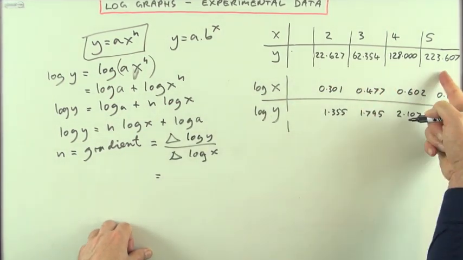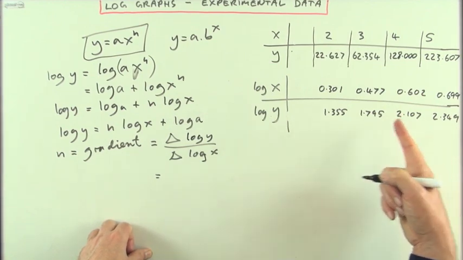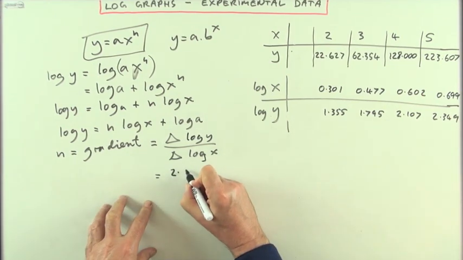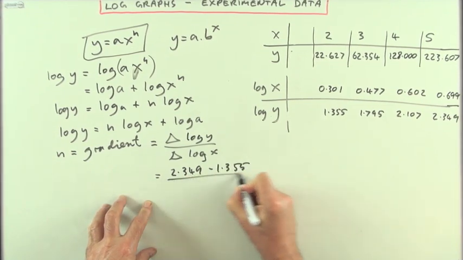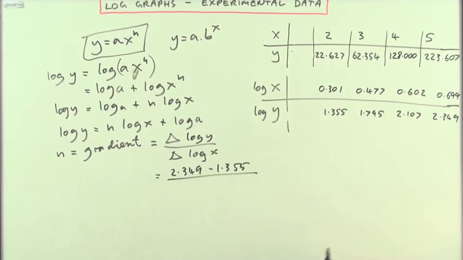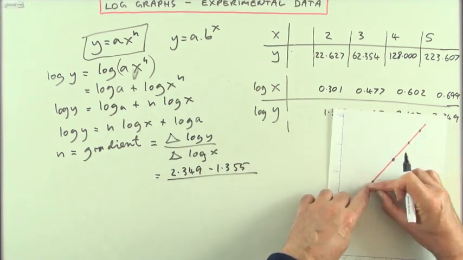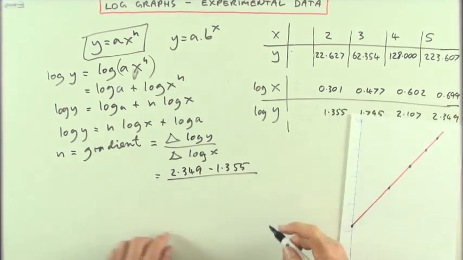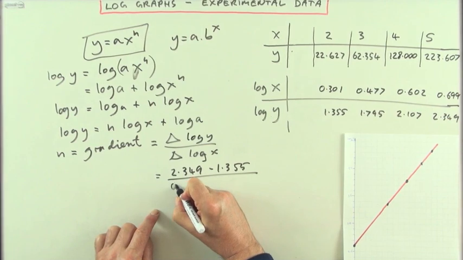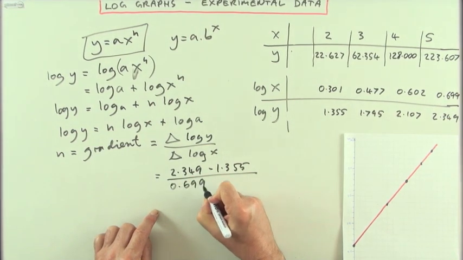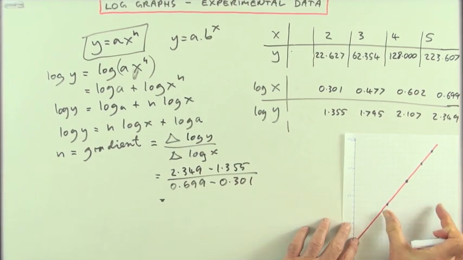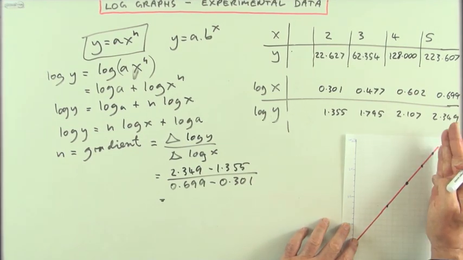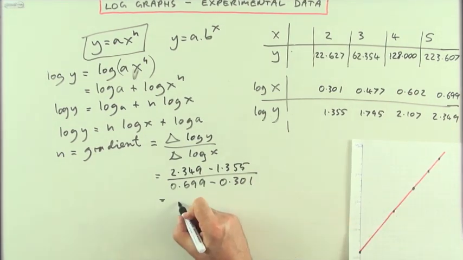So I would do this for the first part, say gradient. Well, let's just take the first and the last point. So difference in the logs. 2.349 minus 1.355. That's the difference in the verticals. X's, or rather log x's, 0.699 minus 0.301 for the difference horizontally, and the gradient will be the vertical over the horizontal.